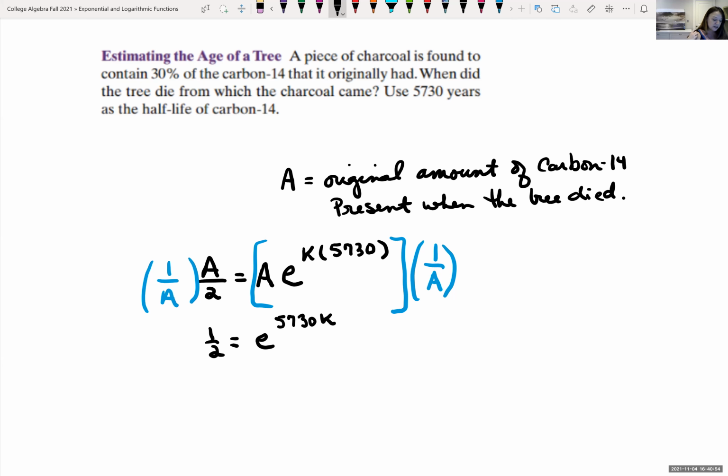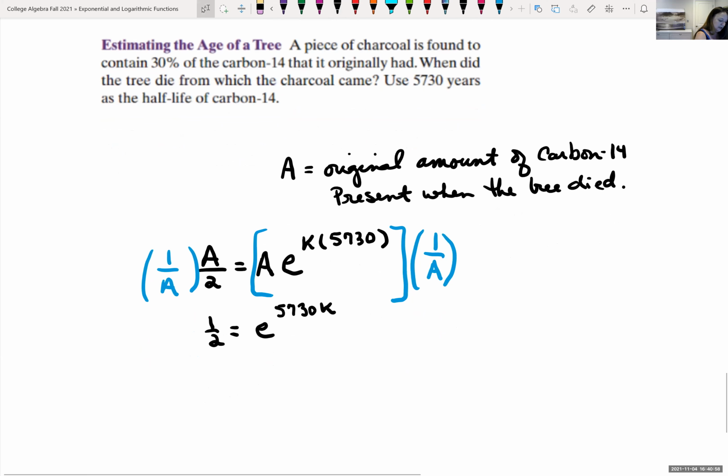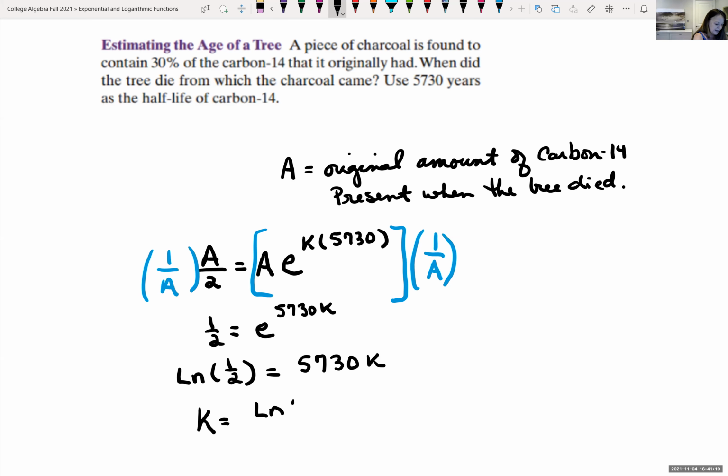So let's take the natural log of both sides of our equation. And so we have the natural log of 1/2 equals the natural log of e, but the natural log of e to some power is just its exponent, 5,730k. Okay. So I know k is equal to the natural log of 0.5 all over 5,730.